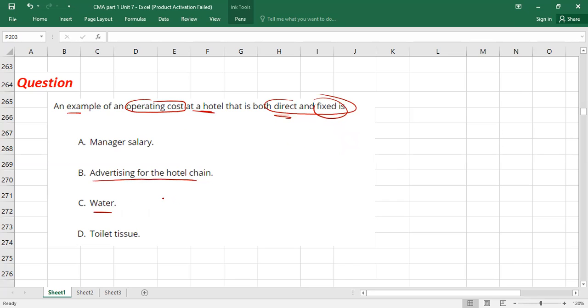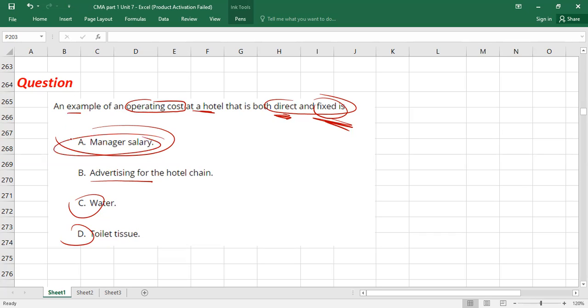So let's discuss here. The point is, guys, advertisement is not direct and not fixed, it is changing. Water could be part of material, right or wrong, but it is not fixed. Toilet tissues can be part of material supplies, but it's not fixed.